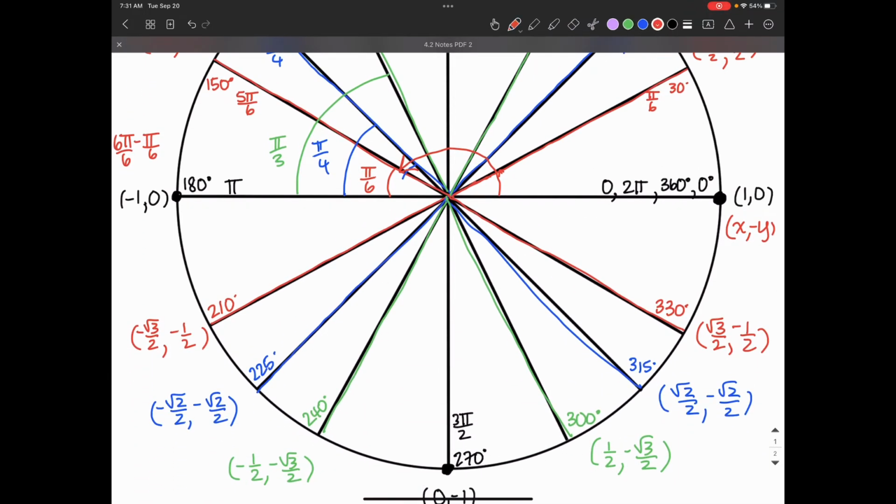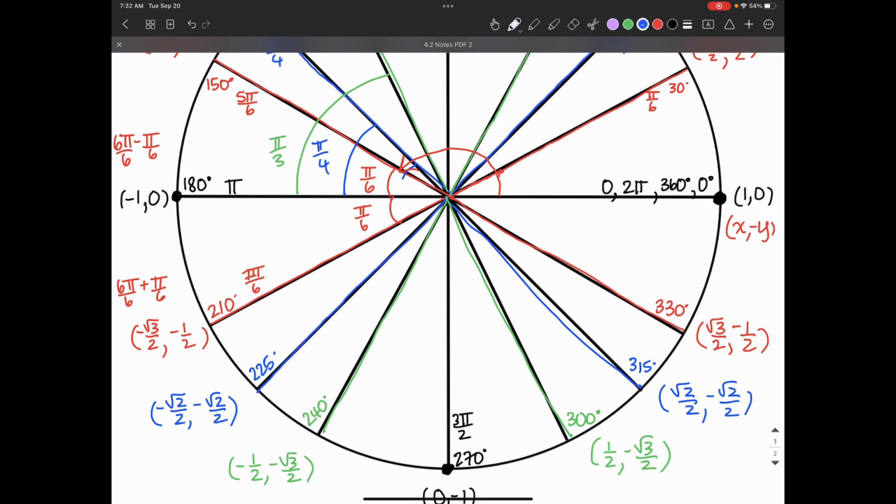Same thing in the third quadrant. This angle from the x-axis is pi over 6. I know that means I'm going 180 degrees or pi and adding pi over 6 or 30 degrees. So I'm going to do pi plus pi over 6, which is the same as 6 pi over 6 plus pi over 6, which is 7 pi over 6.